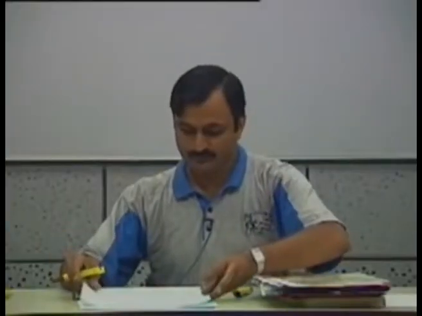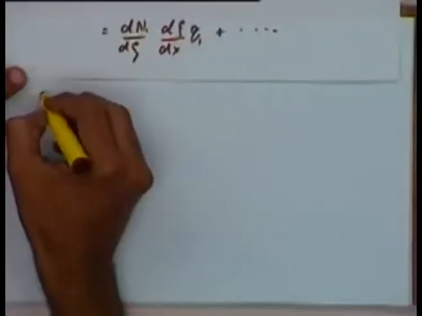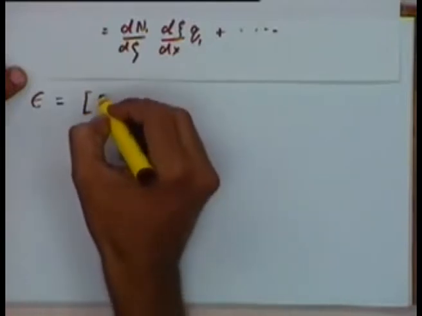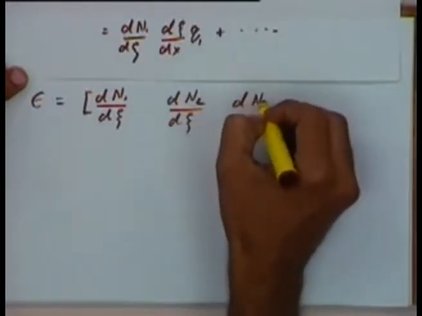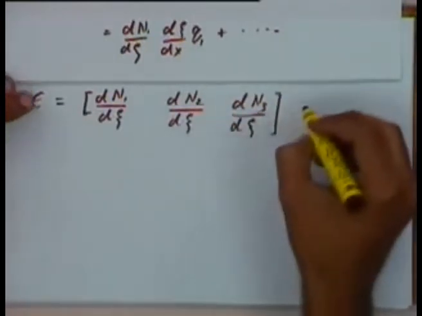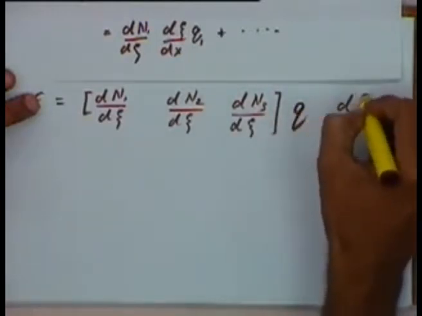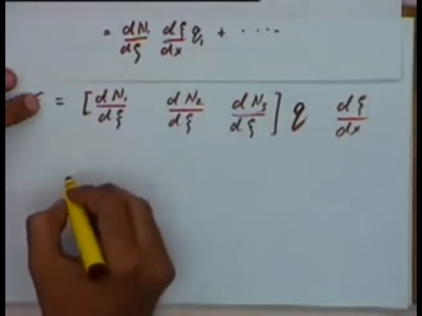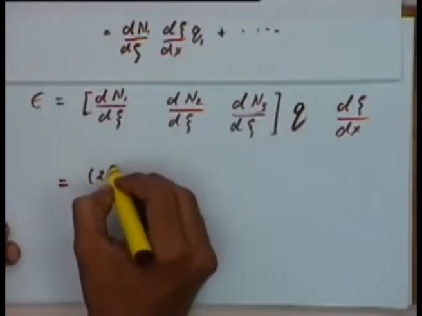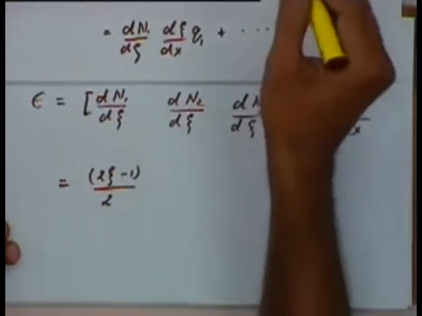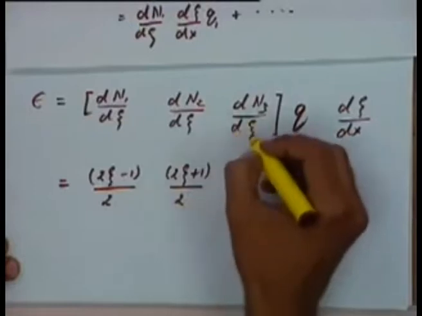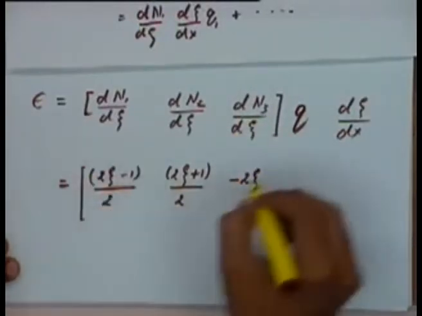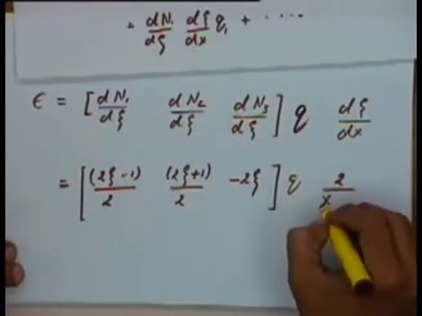So from this we will get epsilon; let me write it again in a matrix notation, multiplied by q and of course multiplied by d zeta by dx. dN1 by d zeta is 2 zeta minus 1 by 2, dN2 by d zeta is 2 zeta plus 1 by 2, and dN3 will be minus 2 zeta, just multiplied by q, and d zeta by dx will come out to be 2 divided by x2 minus x1.